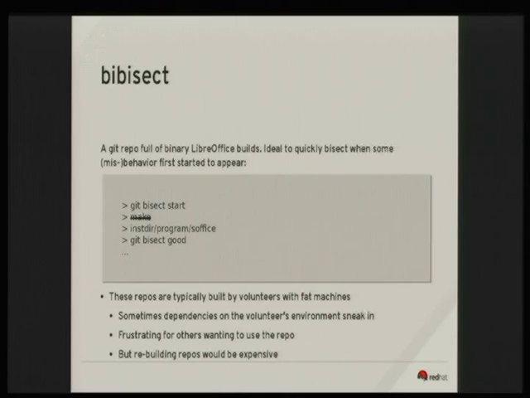That one does grow, but not that much, because many of the libraries will stay the same from build to build. So we have now huge Git repos full of versions from the 5.0 to the 5.1 time period of LibreOffice. And the QA people just once download this huge blob, and then Git bisecting is a snap, because actually checking out the actual state is very, very fast with Git.